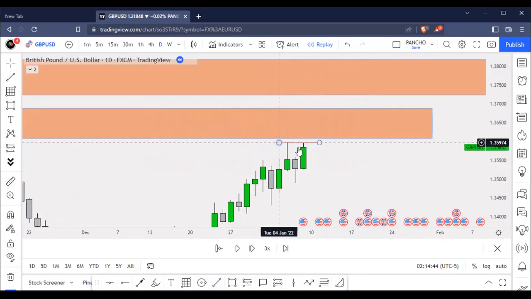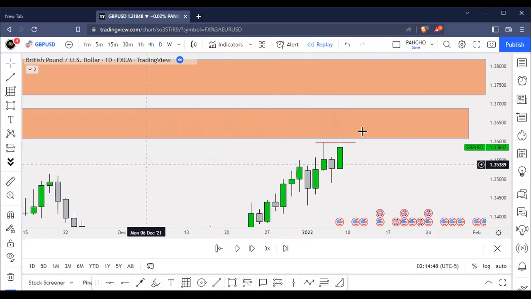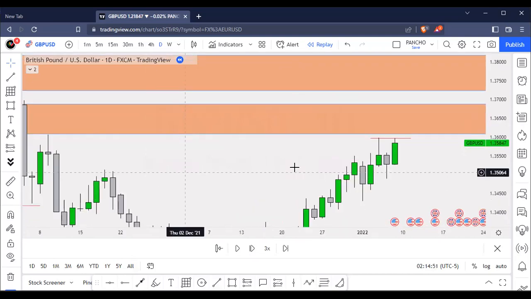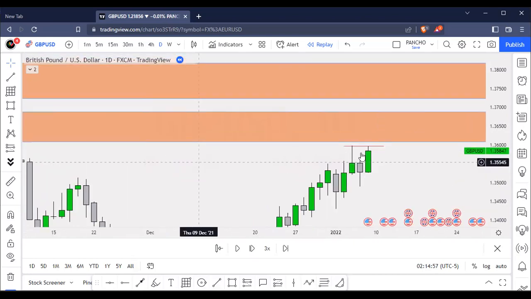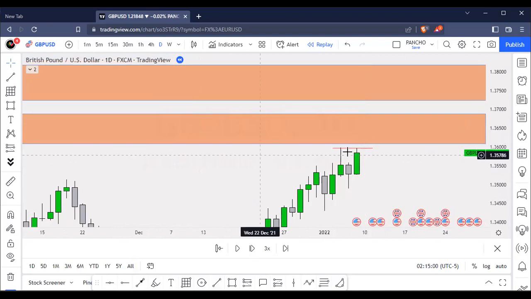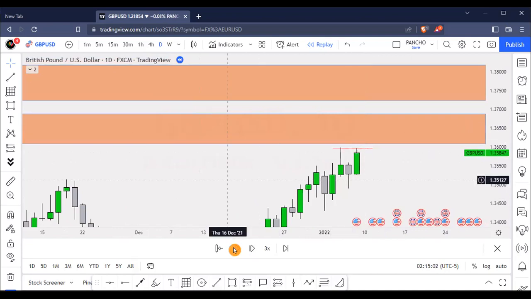So here you may expect to see a retracement on this order block, which at the same time is what we call a liquidity grab. Let's see what happens there.